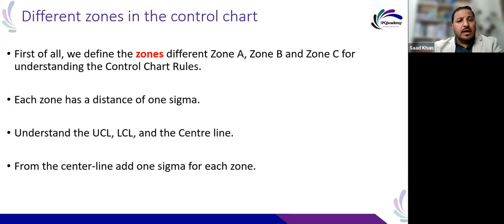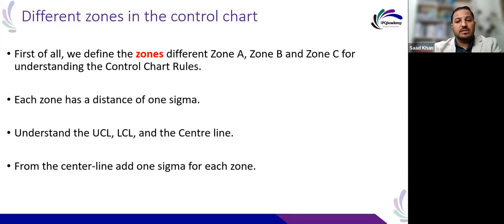Now, another concept which you have to understand before we move on to the control chart is that on the control chart, there are different zones, zone A, B, C. And there is an upper control limit, a lower control limit, and a central line, which you use to monitor your data.